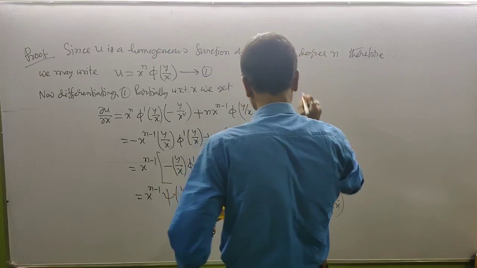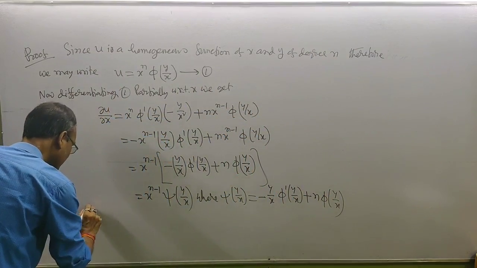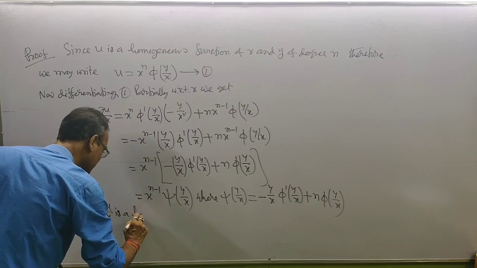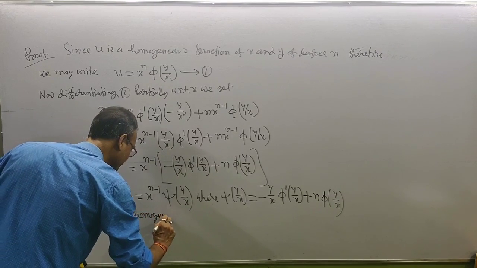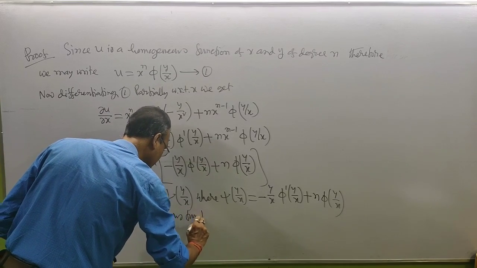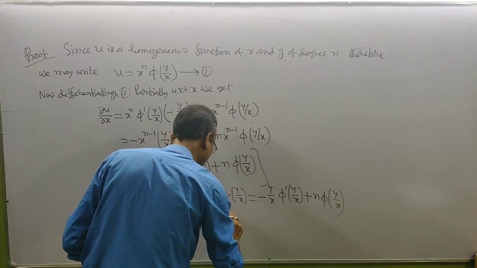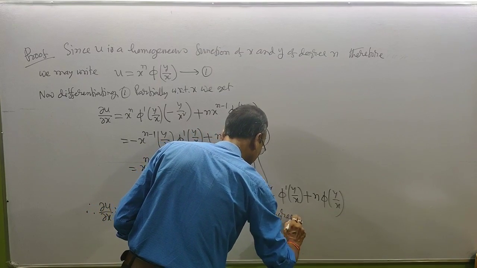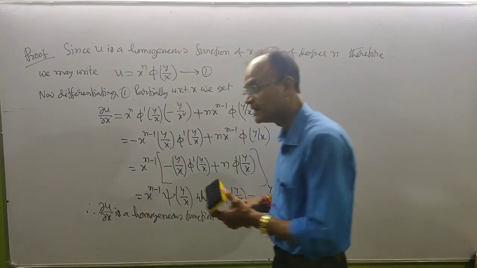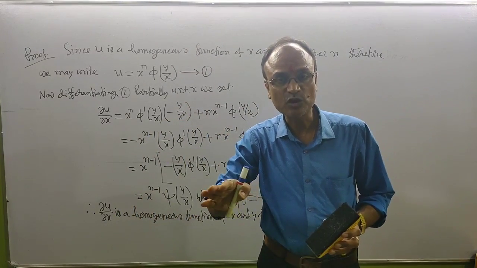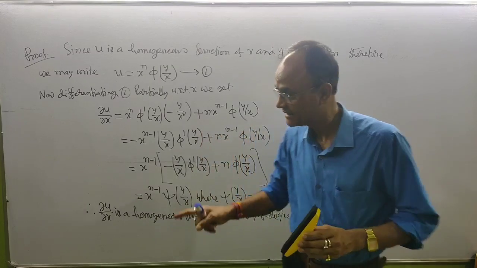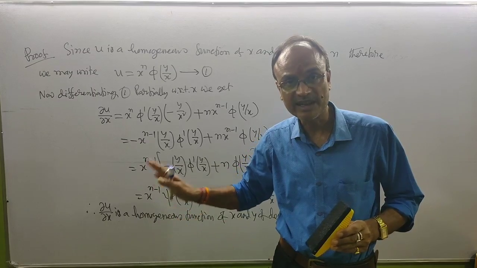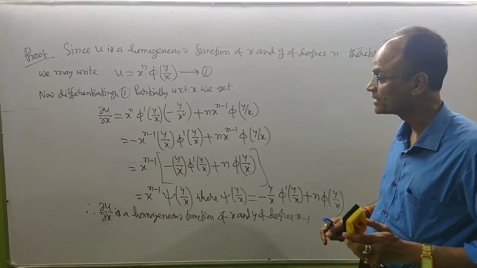Therefore, if u is a homogeneous function of x and y of degree n, then del u by del x is also a homogeneous function of x and y of degree n minus 1.